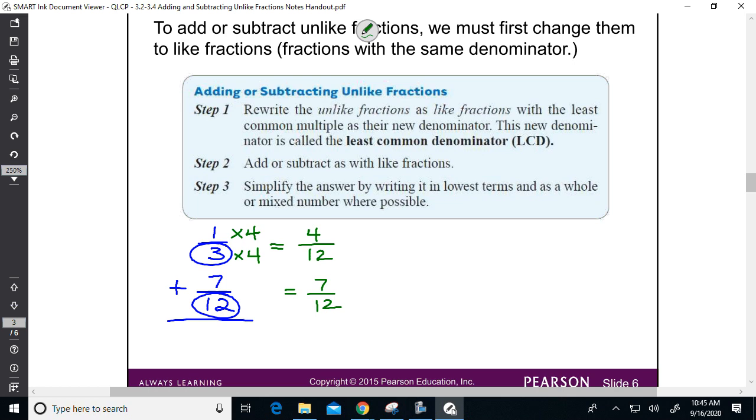Again, you need the denominators to be the same. Once they're the same, then you can add them up the same way we did on Monday.